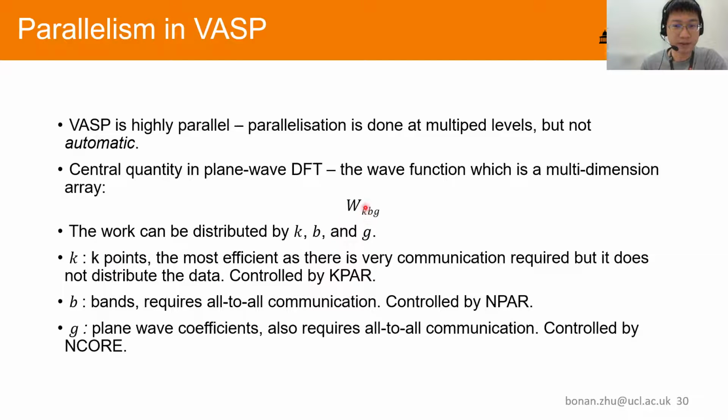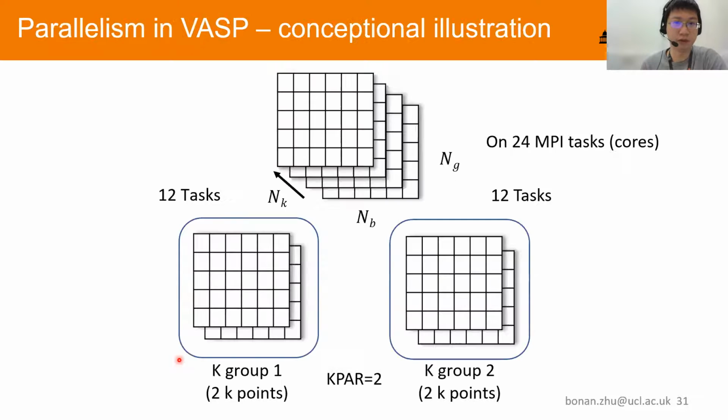You have indices indicating the K-point, the bands, and the plane waves. For each level, you can distribute the workload into multiple sets of tasks. K-point parallelization is the most efficient, but it can be memory intensive. It's controlled by the parameter KPAR, the bands are controlled by NPAR, and the plane waves (G vectors) are controlled by NCORE. We'll go into detail in the next few slides.